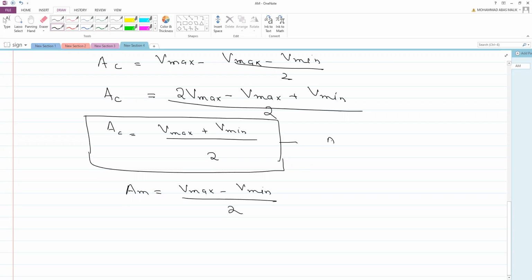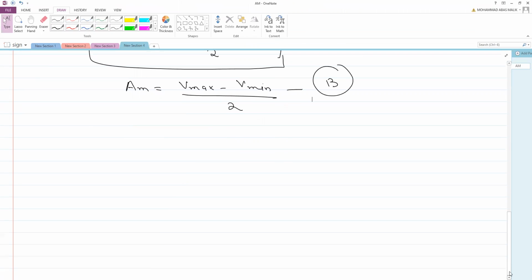So let this be equation A, let this be equation B. Then on dividing B by A, what you will get? Because B by A is AM divided by AC, and that's nothing but your modulation index. It's also denoted by mu sometimes.